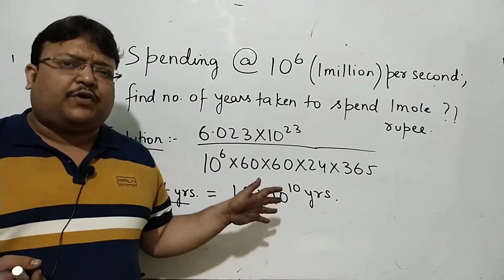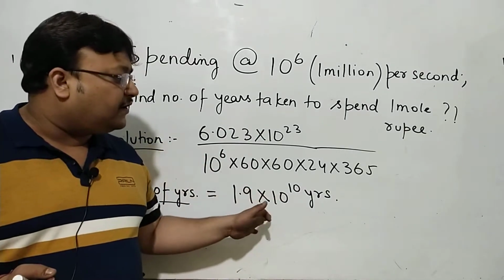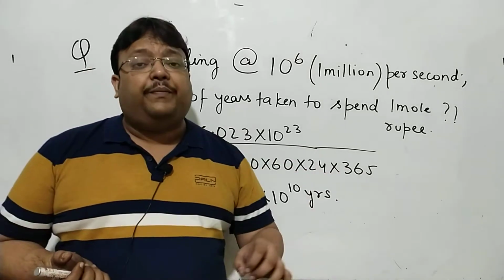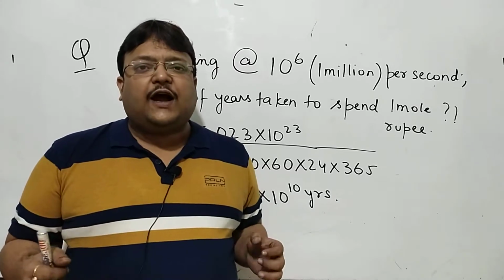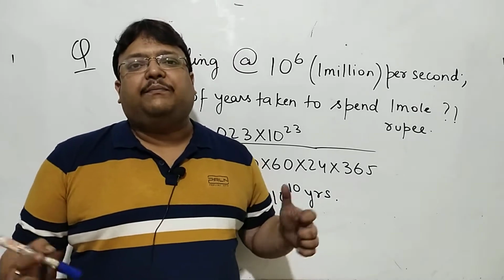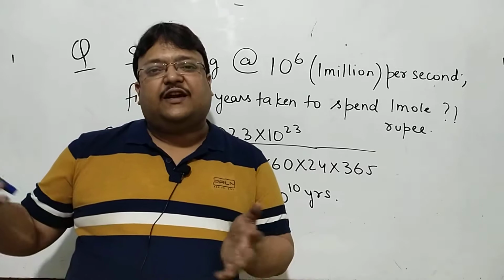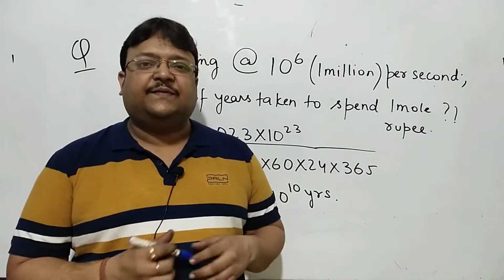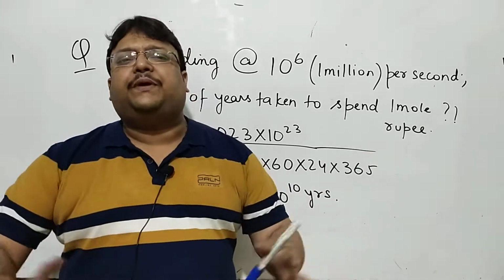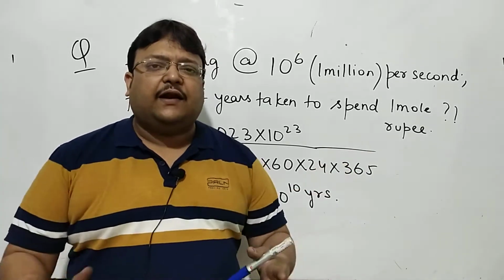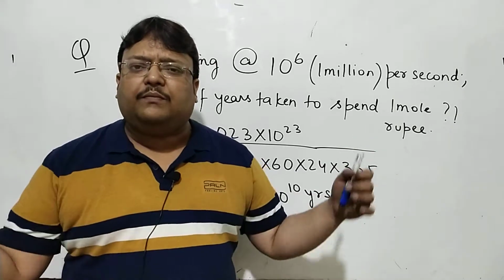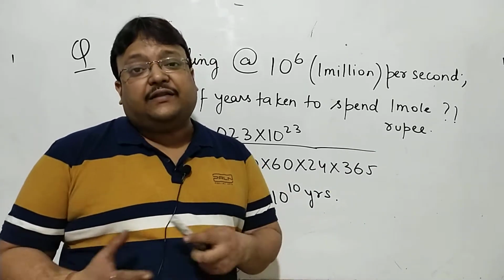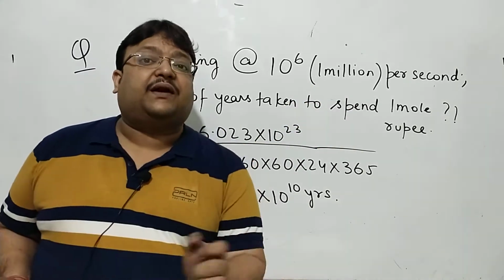This being a real exam problem, any day when you solve it and realize it's going to take 10 to the power 10 years, you would understand how big this number is. So if you have to make 1 mole of pencils, going back to that statement from the textbook, and suppose all the people on this planet, all the factories and all machineries are deployed to make pencils only, at the rate of 1 million pencils per second.